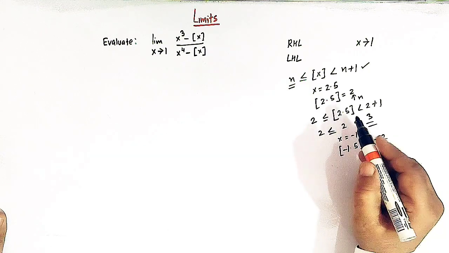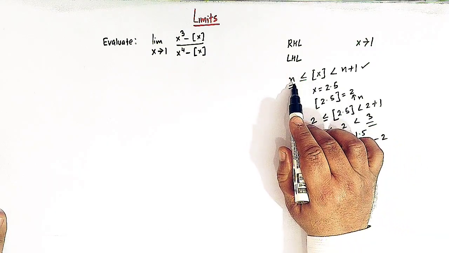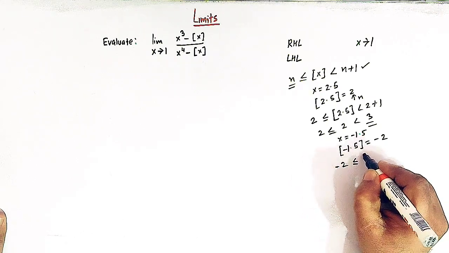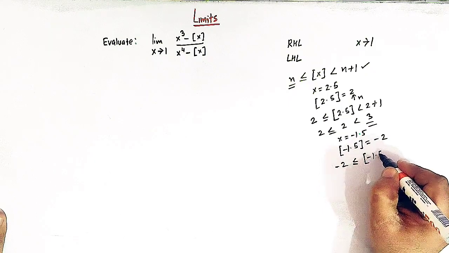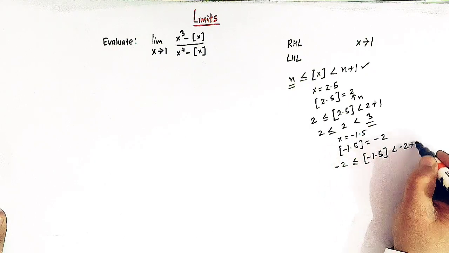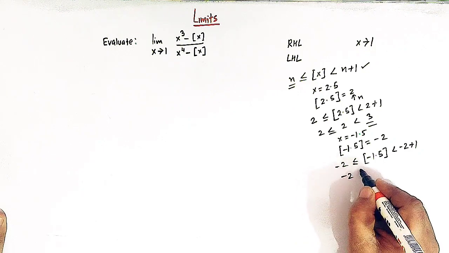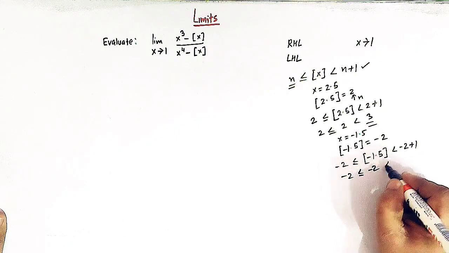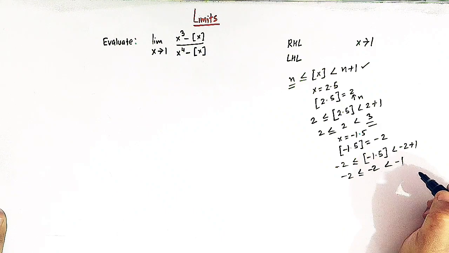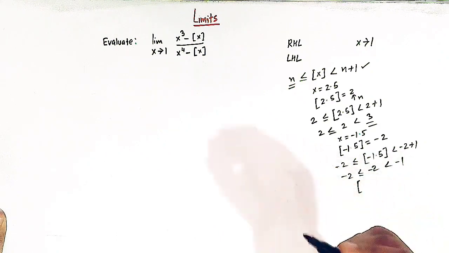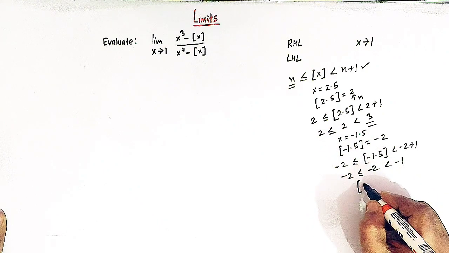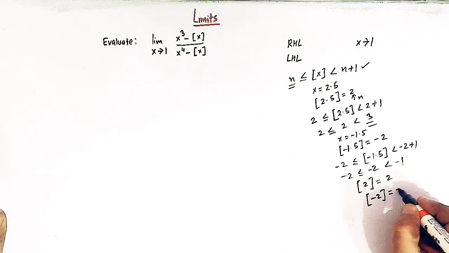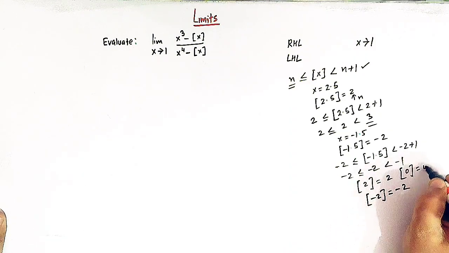Writing this in terms of the inequality, we have minus 2 less than or equal to greatest integer of minus 1.5, less than minus 2 plus 1, that is minus 1. And we know that the greatest integer of any integer is the integer itself: greatest integer of 2 is 2, greatest integer of minus 2 is minus 2, and greatest integer of 0 is 0.